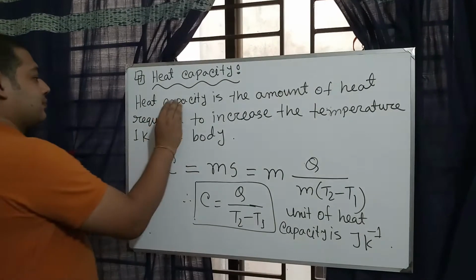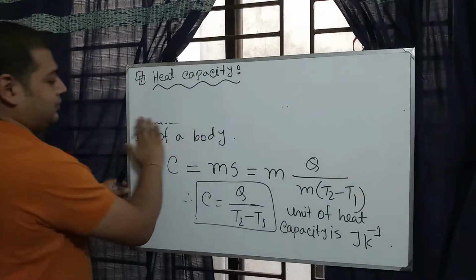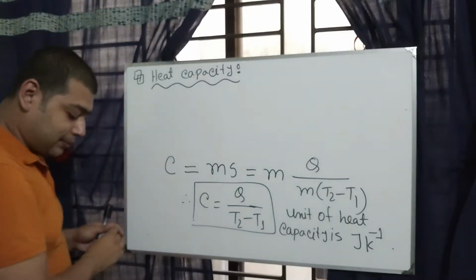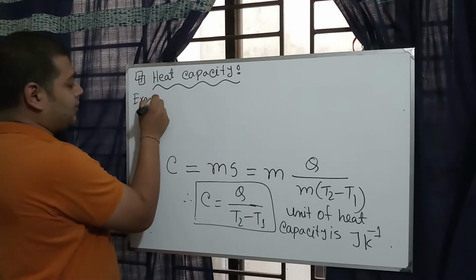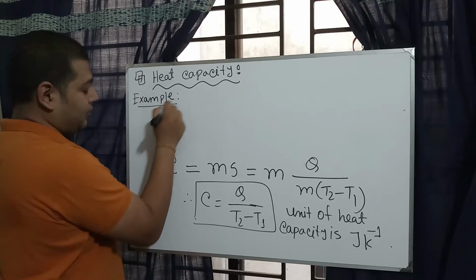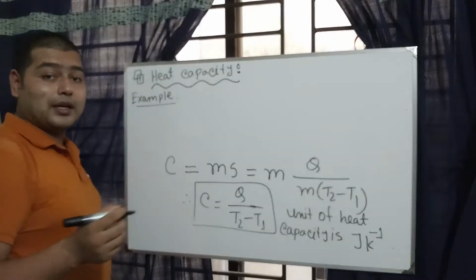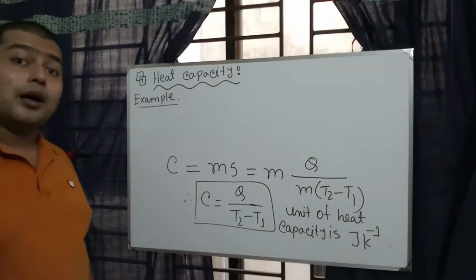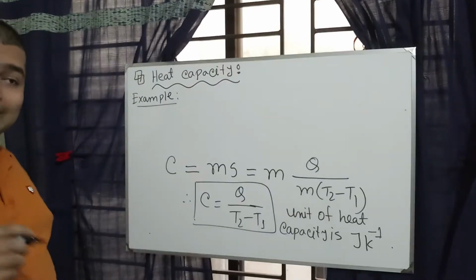Example. We know that the specific heat of water is 4200 joule per kg per Kelvin.